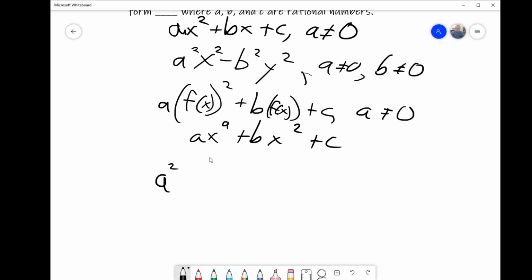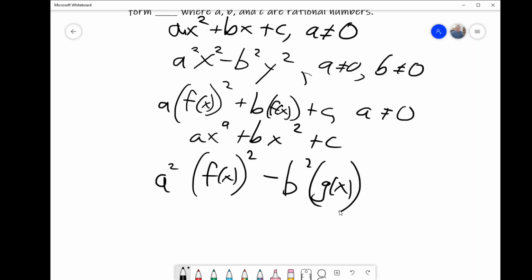And then the fourth form is again modeled on the second form, just as the third one was similar to the first. And we have this. Right, so a squared f squared minus b squared g squared. So these are the 4 forms we're going to factor.